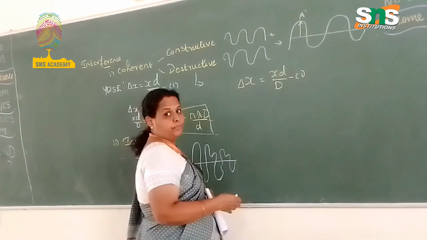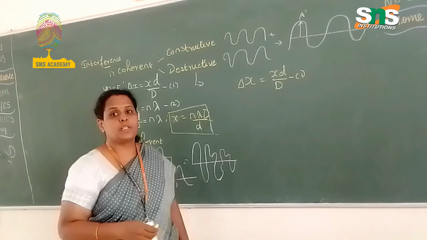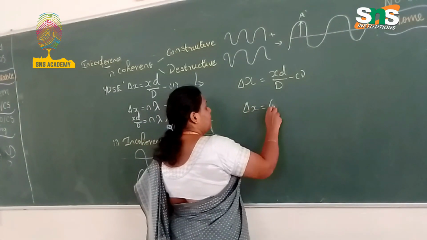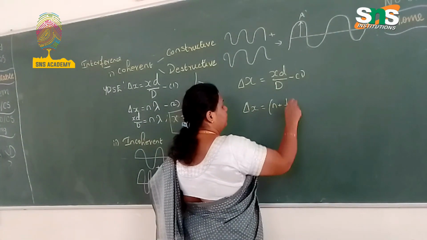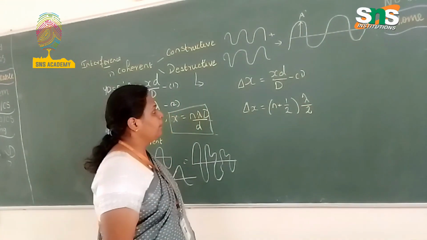And our default equation for finding del x in case of destructive interference is del x equal to (n plus 1 by 2) into lambda by 2. Okay.